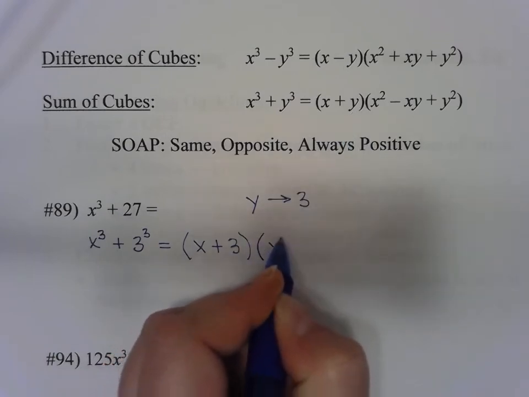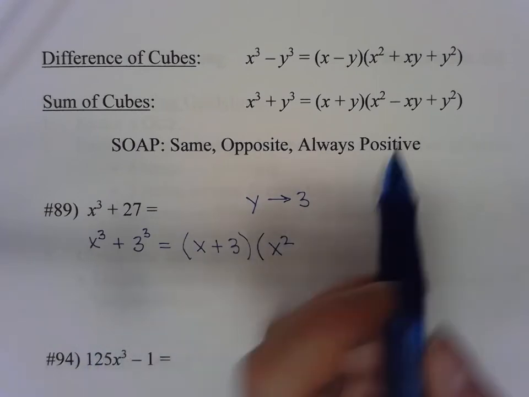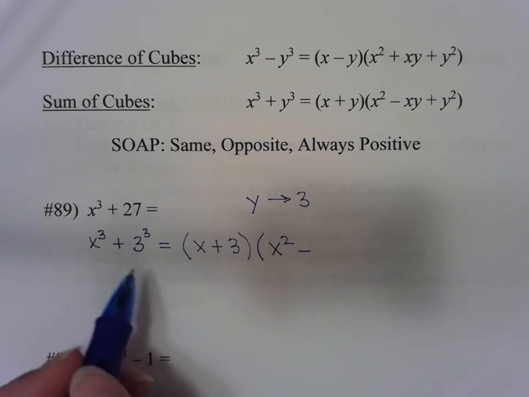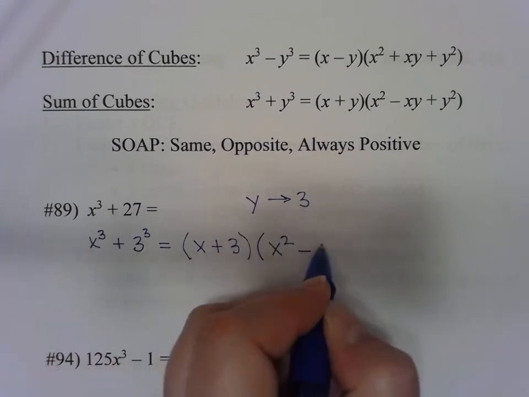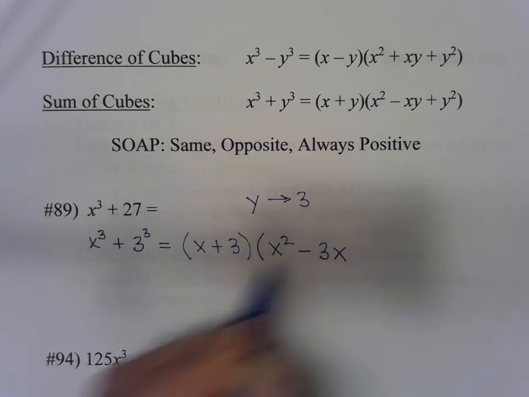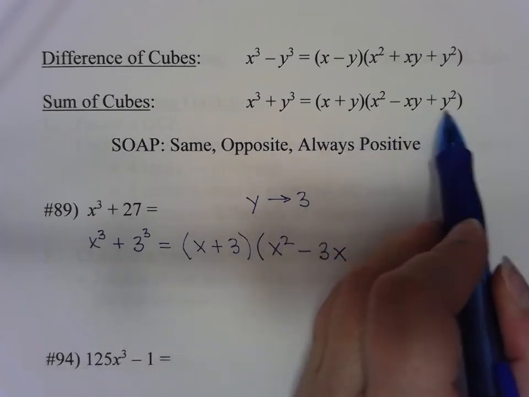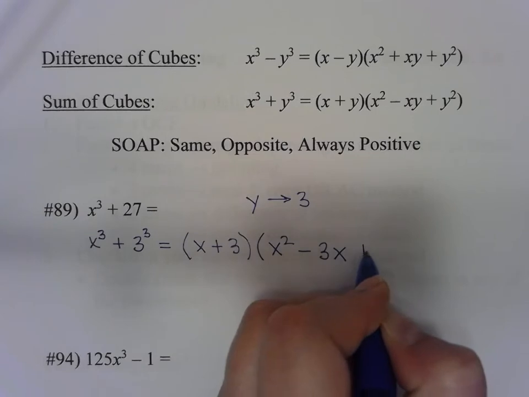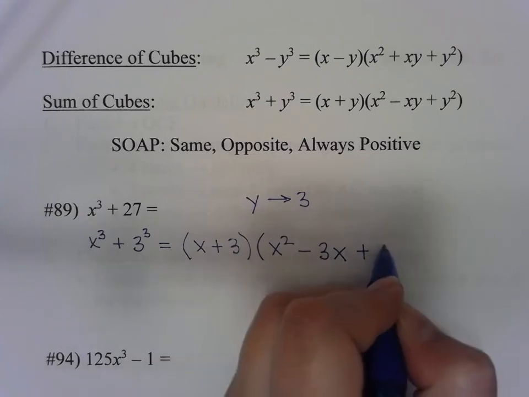Then I'll have x squared, minus x times y will be minus x times 3, or 3x, plus y squared. Instead of y, I'm going to put in 3, so plus 3 squared would be 9.